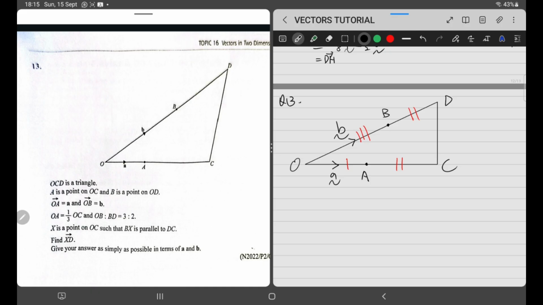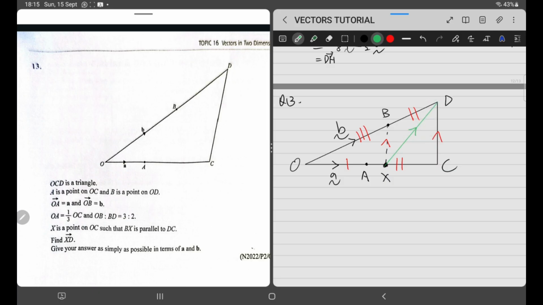So X is obviously here. This is X. Then here is parallel to here. So they want us to find XD.